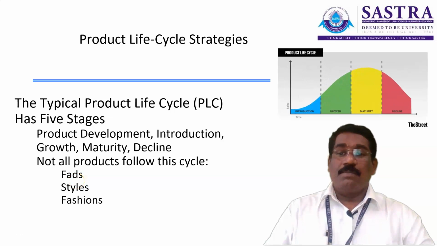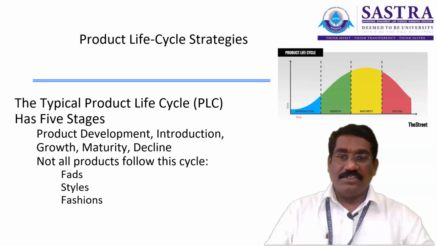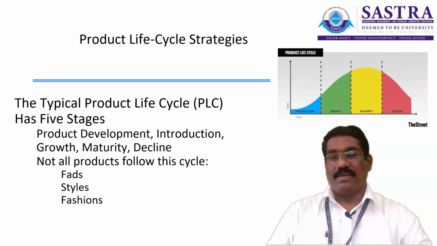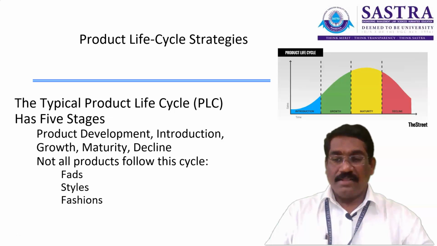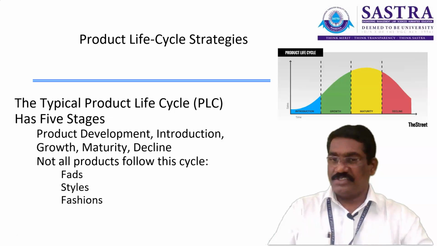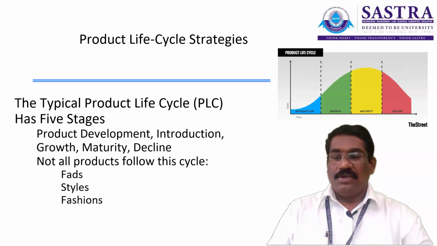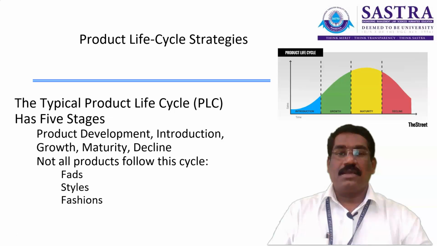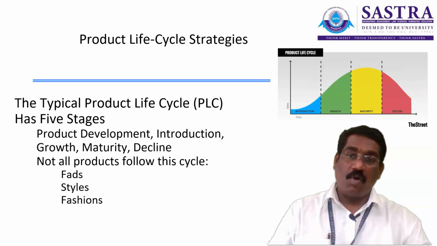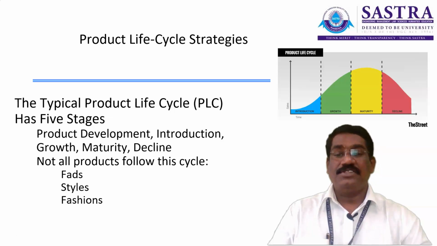Let's talk about product lifecycle strategies. Before that, let us understand what is product lifecycle. If you look at the product lifecycle, it has certain stages. The initial stage we call the product development stage, and the next stage we call the introduction stage.